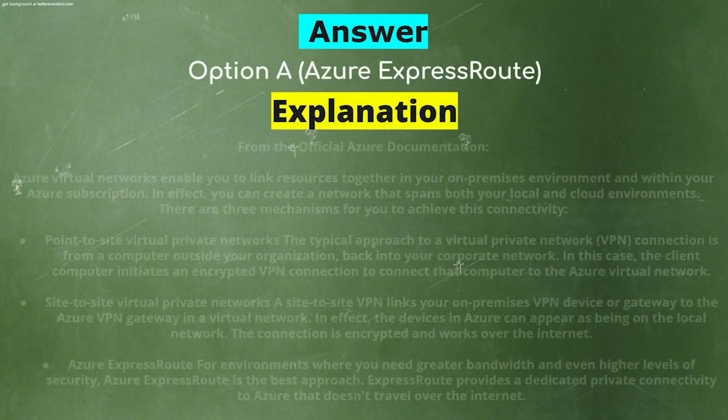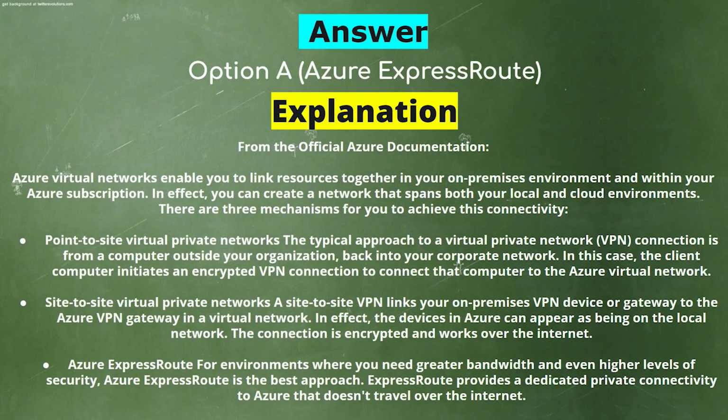Explanation. From the official Azure documentation, Azure Virtual Networks enable you to link resources together in your on-premises environment and within your Azure subscription. In effect, you can create a network that spans both your local and cloud environments. There are 3 mechanisms for you to achieve this connectivity. Number 1.